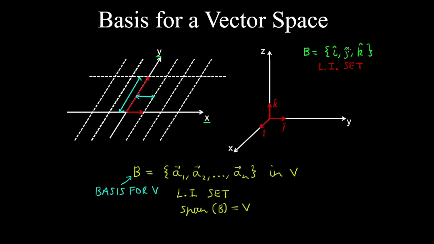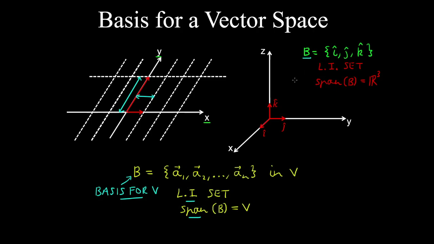So these unit vectors cannot be expressed as a linear combination of the other unit vectors. And B spans the vector space R3. So therefore B is a basis for V, as it satisfies these conditions.